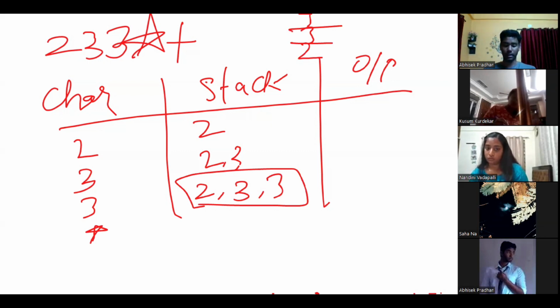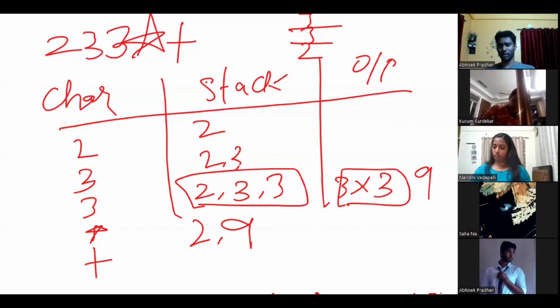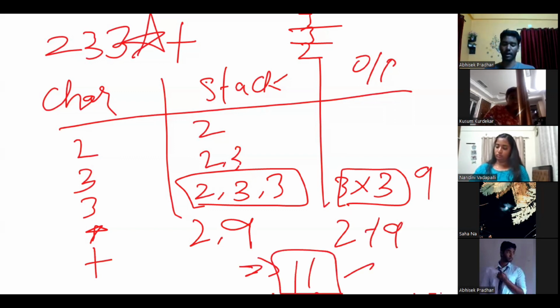So 3 into 3 will be evaluated, which is 9, and this 9 will be added back to the stack where 2 already exists. Now I encounter a different operator, which is addition. So 2 plus 9 gives me 11, and that will be your final answer.